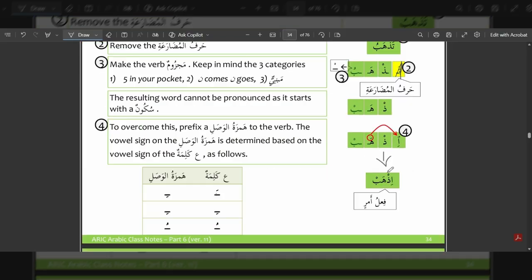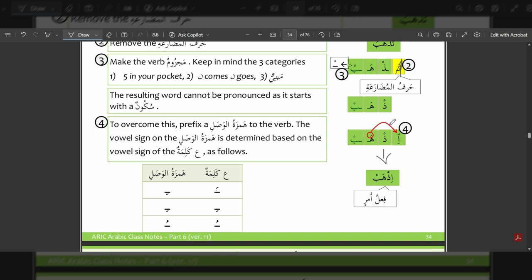So therefore, we need to prefix a hamzatul wasl here. And to determine the vowel of this hamzatul wasl, we need to look at the ain kalima. So if the ain kalima is a fatha, then the hamzatul wasl will have a kasra. And if the ain kalima is a kasra, then the hamzatul wasl will have a kasra.